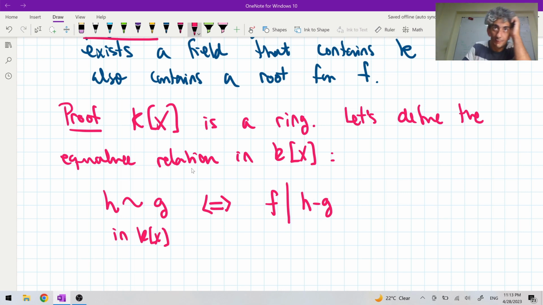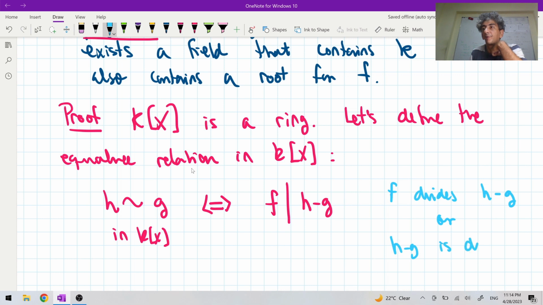This means f divides h minus g, or we can also say h minus g is divisible by f. That means the Euclidean algorithm gives us a remainder of 0. Okay?